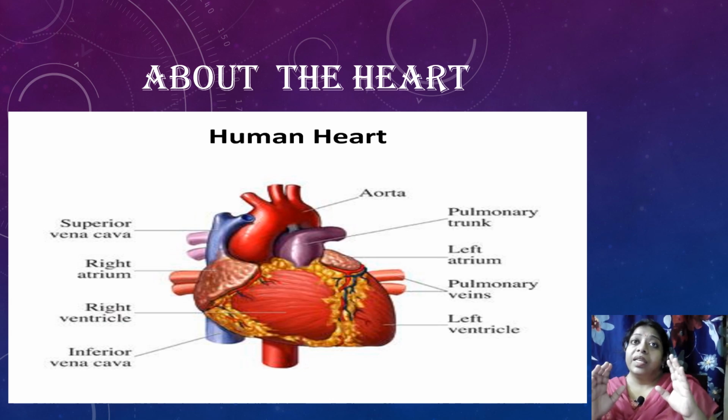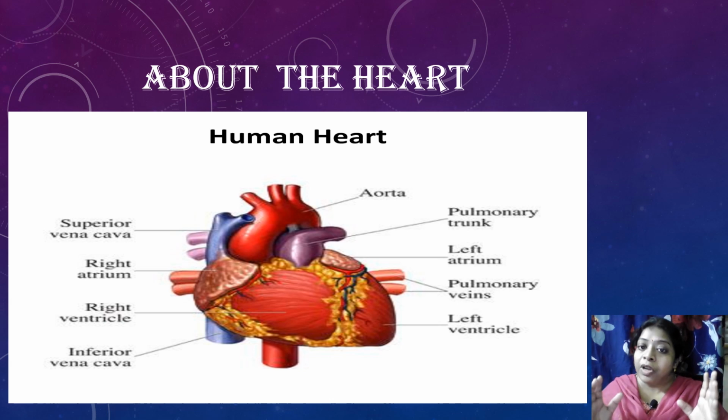Let's get into the function of the heart. What is the heart and how does it function? The heart pumps the blood through the circulatory system at a very high pressure.